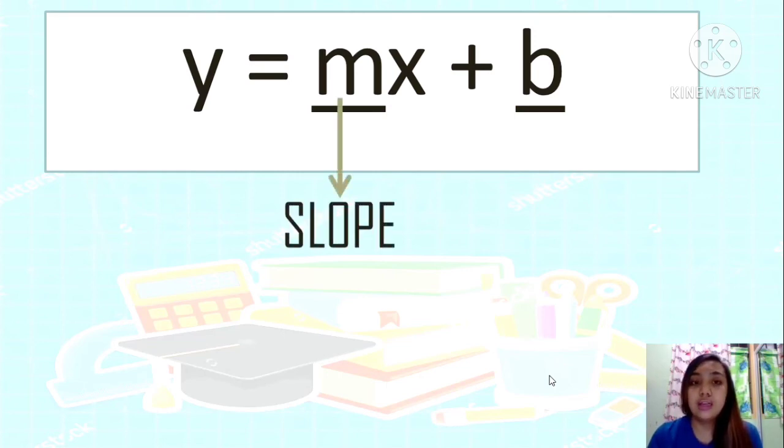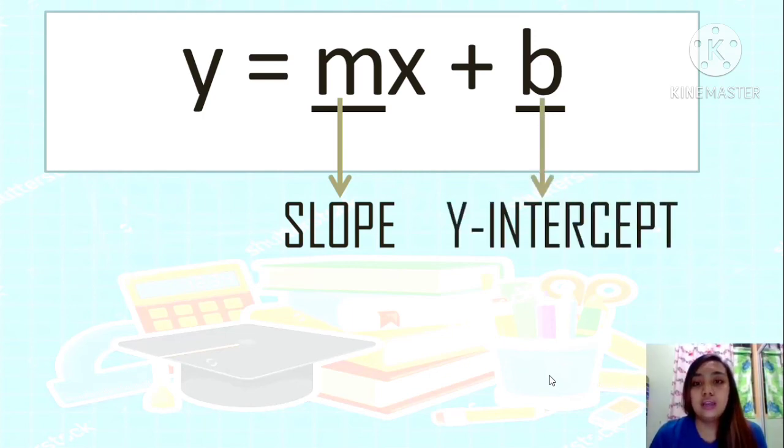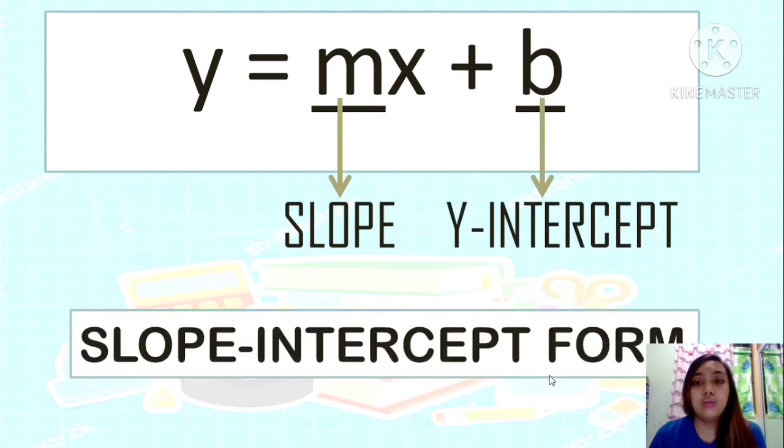That is the slope. Whatever is always beside x, it can be a number, it can be a fraction, that is our slope. How about b? That is the y-intercept. So, this is called the slope-intercept form, or the equation for slope-intercept.